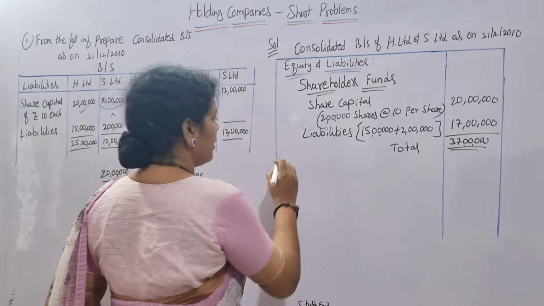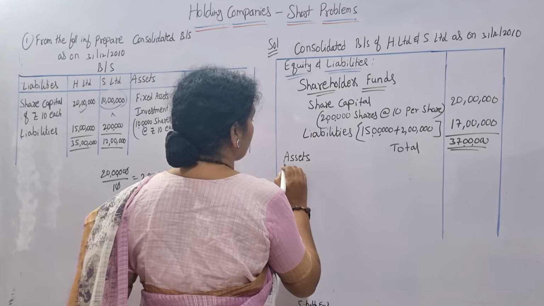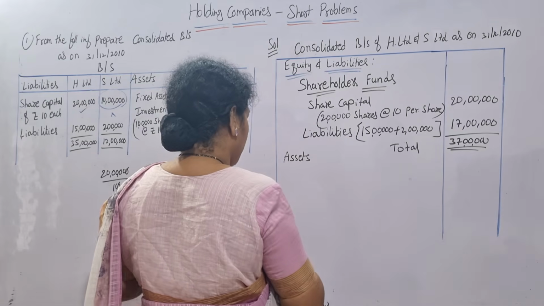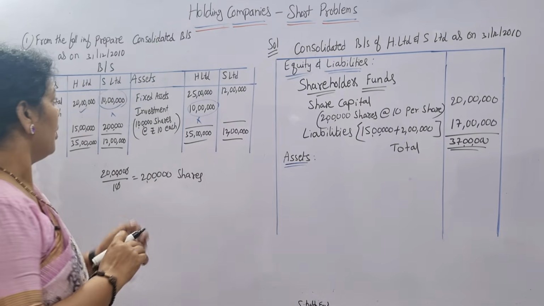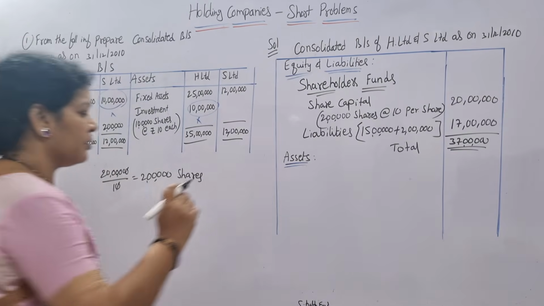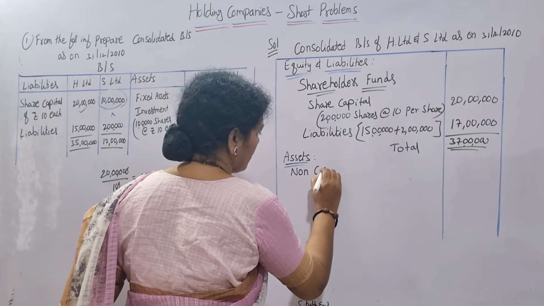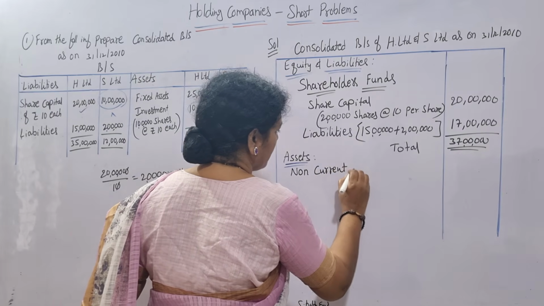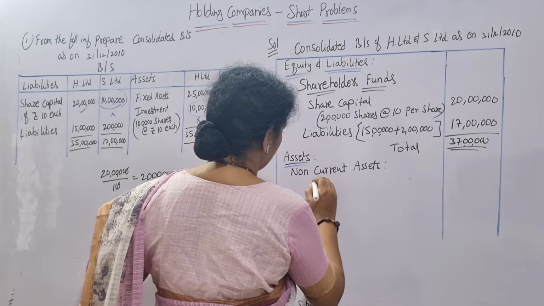Now coming to the assets. We have non-current assets and current assets. Under non-current assets we have fixed assets.